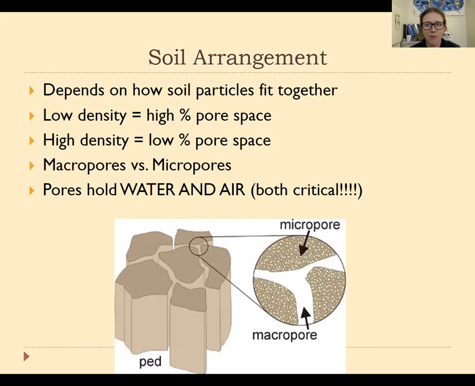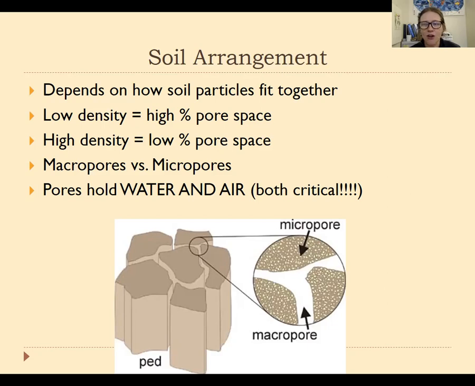It has a low density because it has lots of pore space. A lot of the area in the soil is just space without any solids in it. Whereas on the other extreme, if we have a high density soil, we have lots of material packed into a small space, then guess what? There's just not a lot of space left. So it has a low percentage of pore space.